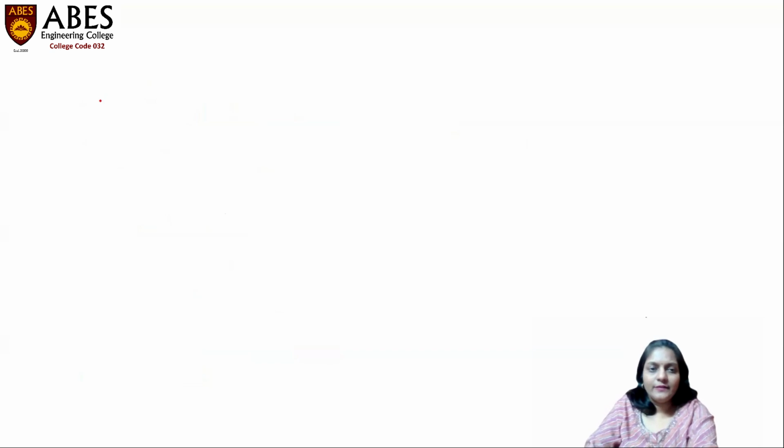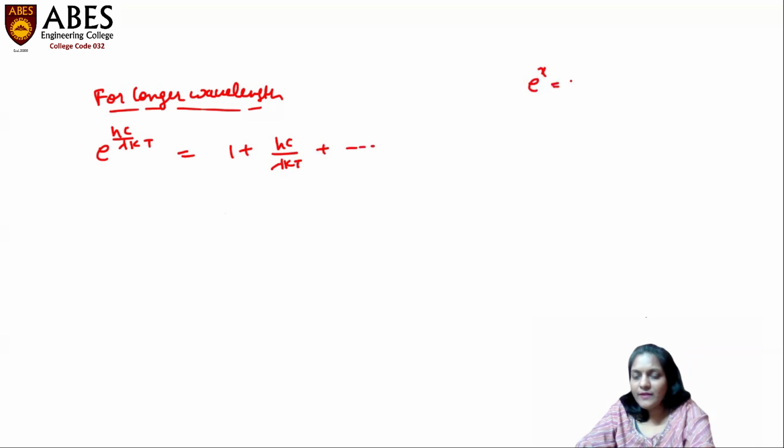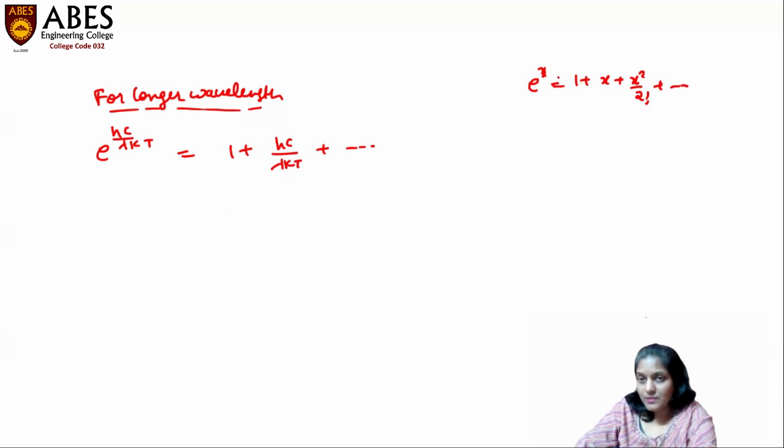For longer wavelength, e raised to the power hc upon lambda kT can be written as 1 plus hc upon lambda kT and higher terms, because e raised to the power x is equal to 1 plus x plus x square upon factorial 2 and so on. But for this x, we can neglect the higher terms.